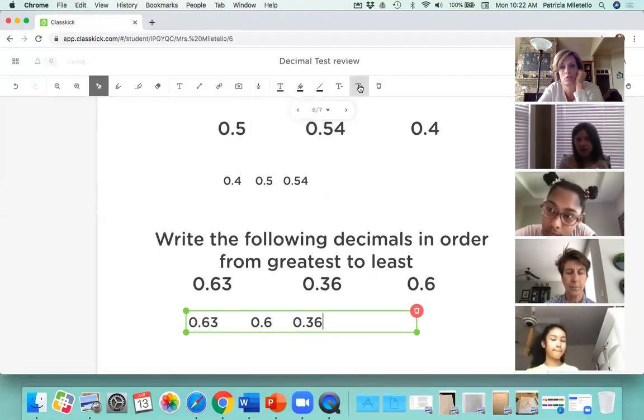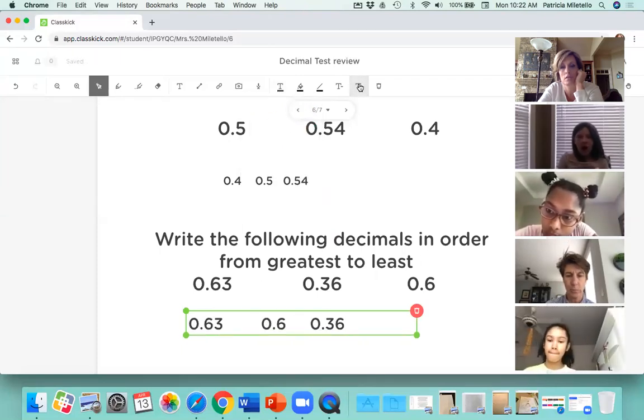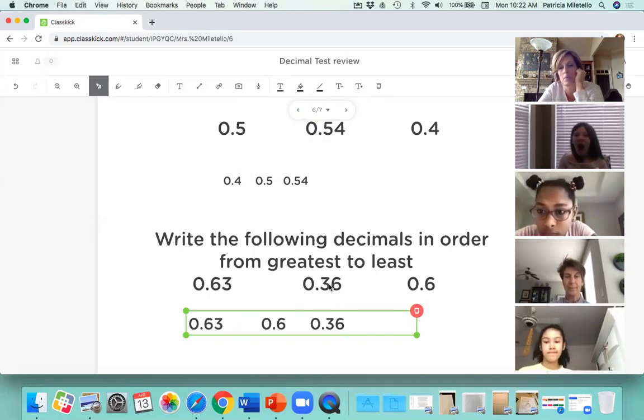So think about a hundreds chart if you get confused about any of those, to make sure that you understand the value of that. Just because the number 36 is usually bigger than 6 doesn't mean that this decimal number is bigger than 6.